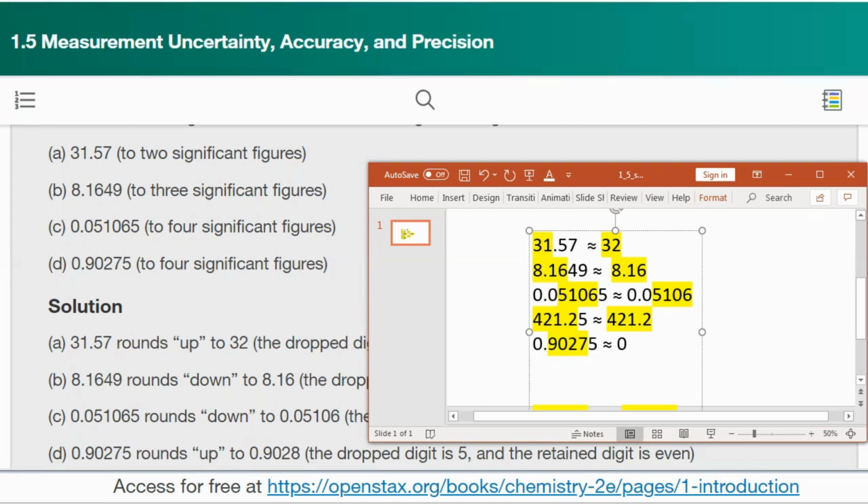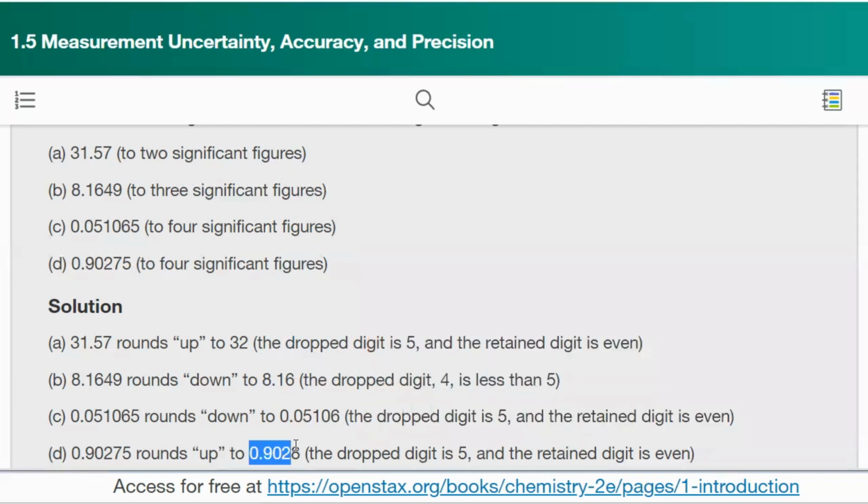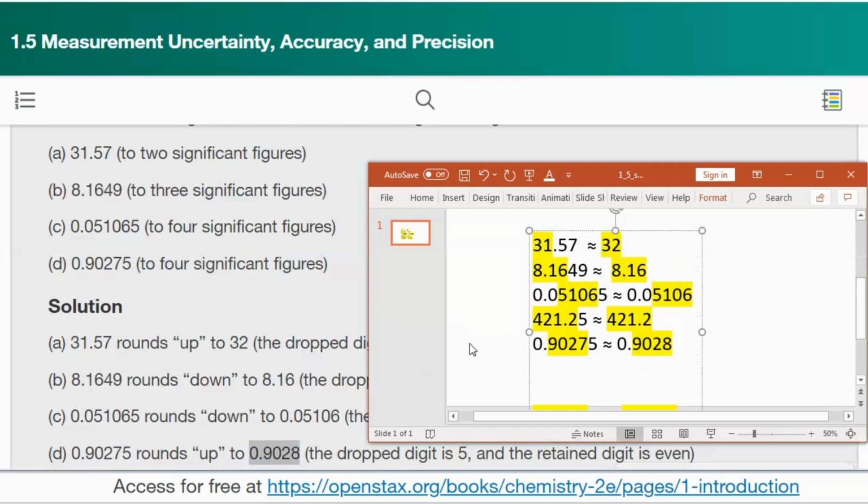So 0.90275, I'm sorry, we want to round up, so it should be an 8. And it says 0.9028. Okay, this was good for me because I was being a little bit sloppy.